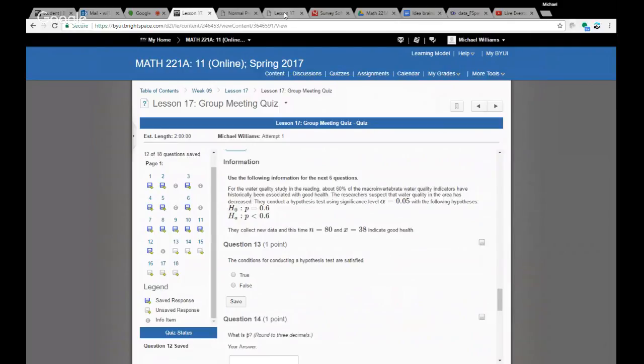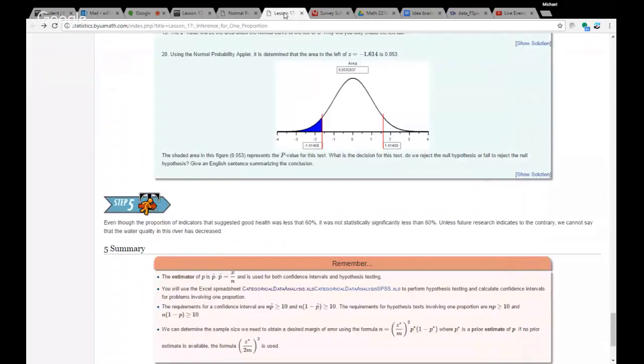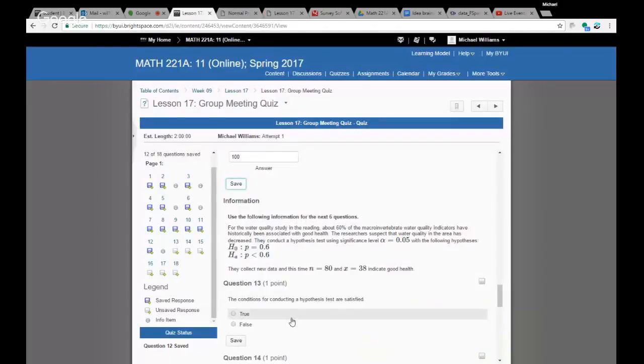So then we do the 0.475 times 80 for the first one, and that gets us 38. So that's greater than 10. Right. Then we do 1 minus 0.475 and times that by 80, and that's 42. So yes, they're both greater than or equal to 10.